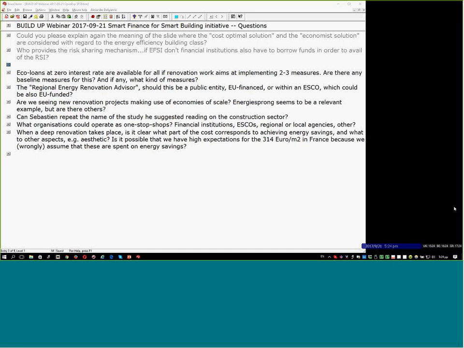And what about other aspects, aesthetic? Is it possible that we have high expectations for the €314 per square meter because we wrongly assume that they're spent, and I think the questioner means exclusively on energy savings, whereas of course in any construction or renovation works a part is spent also on amenity or aesthetic parts. Is there a panelist who would like to address that?